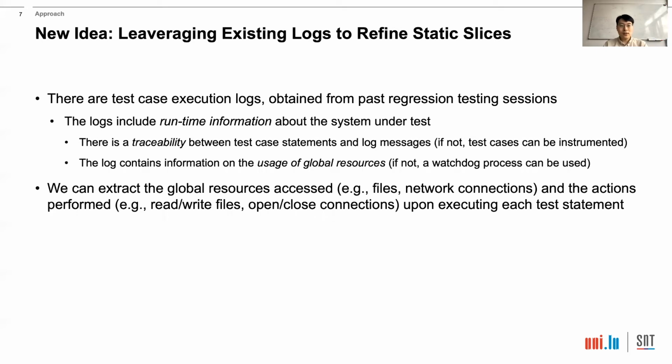Our new idea is using the execution logs that can be obtained from past regression testing sessions. I also want to note that these logs contain very valuable runtime information about the system and the test. We can extract the global resource access, for example, files or network connections, and the action performed, like read or write on files, open and close of connections, upon executing each test statement.